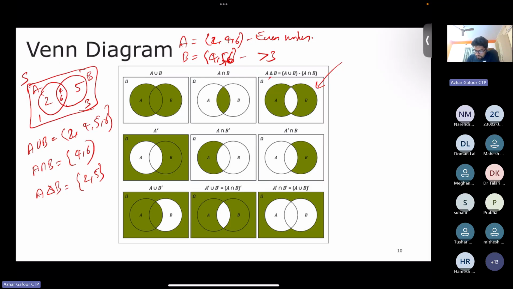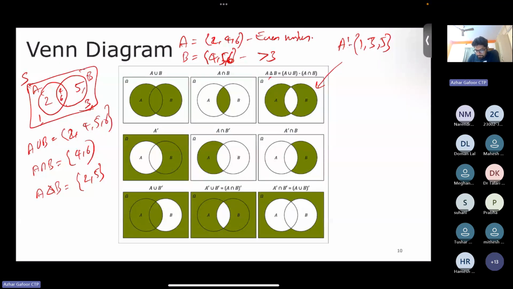Now A complement is everything other than what is present in A. So what will be A complement? In this case, A complement will be 1, 3, and 5. So just by the Venn diagram, we can see that it's 1, 3, and 5. So whatever is outside A will be in A complement.